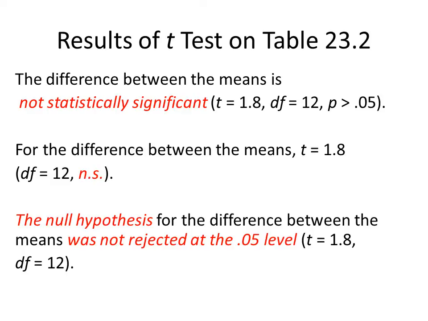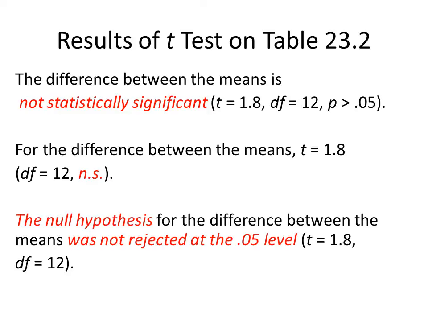Because we don't mention a specific probability level in the second sentence, most readers would assume that it was not significant at the 0.05 level, which is, of course, the most widely used level.